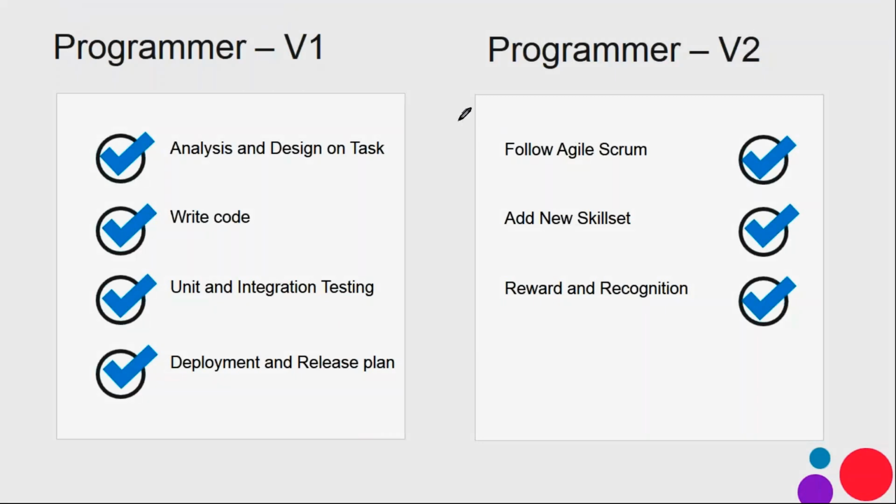Earlier you were on, say for example, the waterfall model, but now you want to include agile scrum as well. For all programmers you have included 2 more features: add a new skill set, and you introduce reward and recognition also along with that.